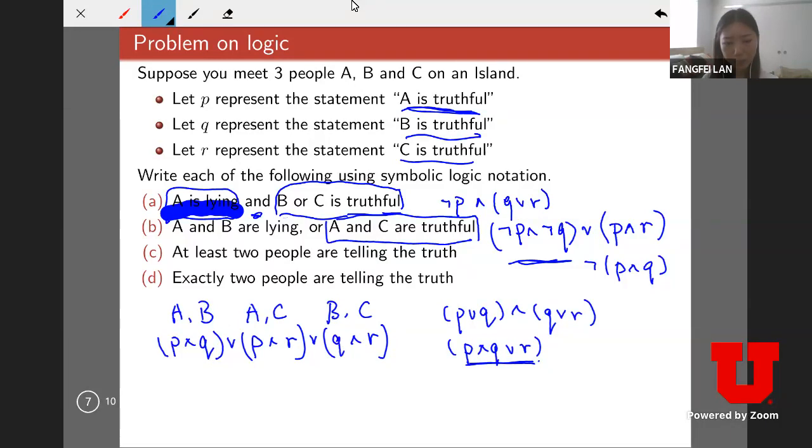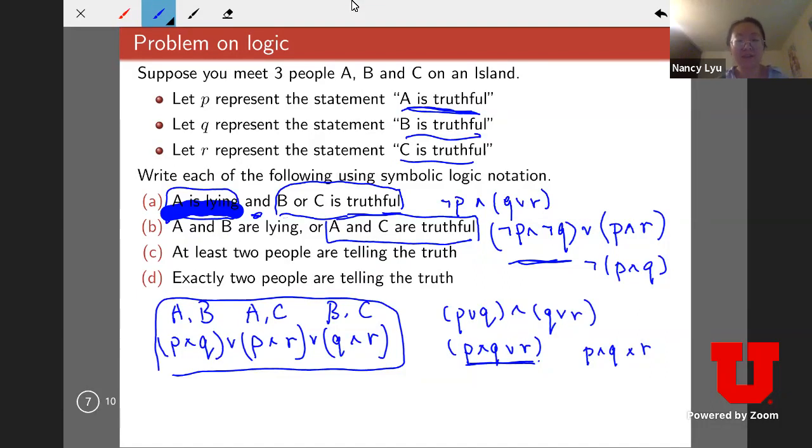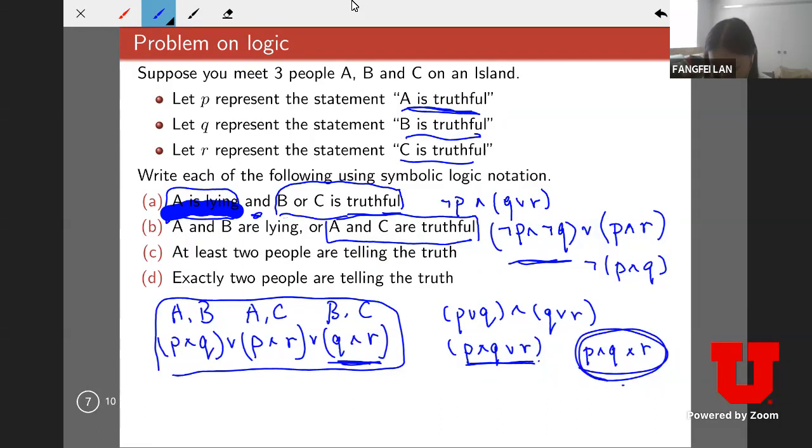Somebody said, what about P and Q and R? So the thing is, I think this is included in the one like P and Q. Yeah, exactly. Because this right here would be satisfied for example, for this one.